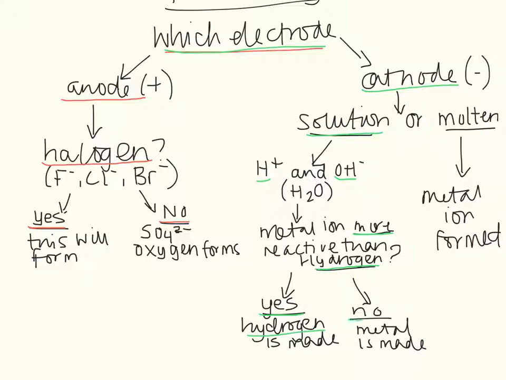If it's not more reactive than hydrogen, then the metal gets made. And finally, if we're not in solution, if we've just melted our ionic compound, if it's molten, then it's really straightforward, the metal ion gets made. And if we follow this key completely, we should be able to predict any products that get made in any example of an electrolysis.